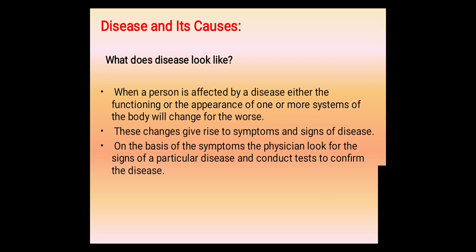These changes give rise to symptoms and signs of disease. On the basis of the symptoms, the physician looks for the signs of a particular disease and conducts a test to confirm the disease.